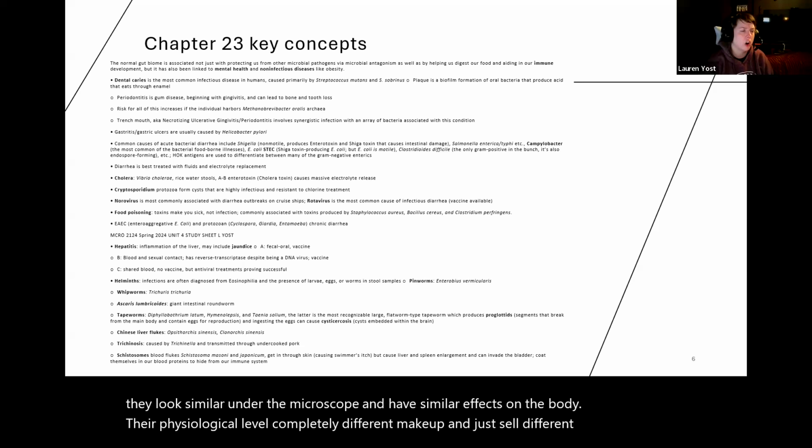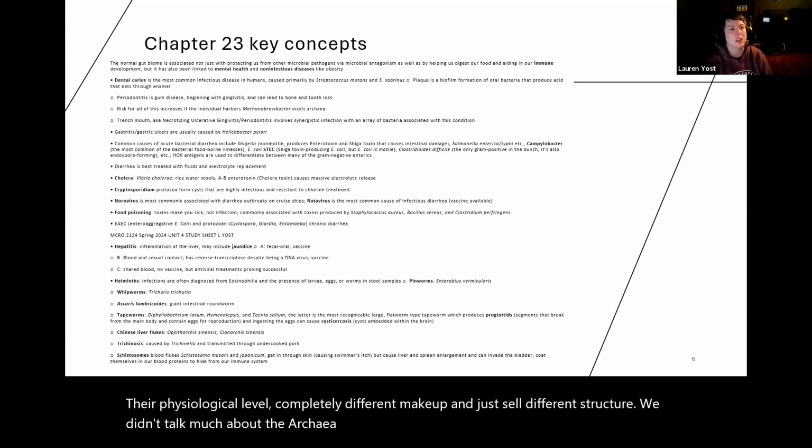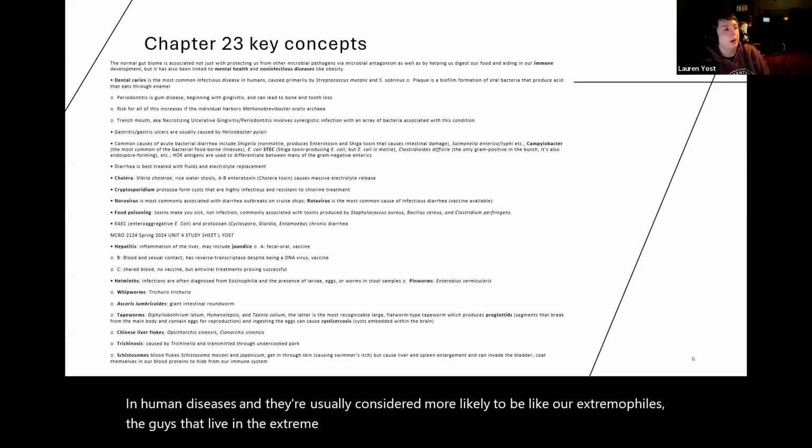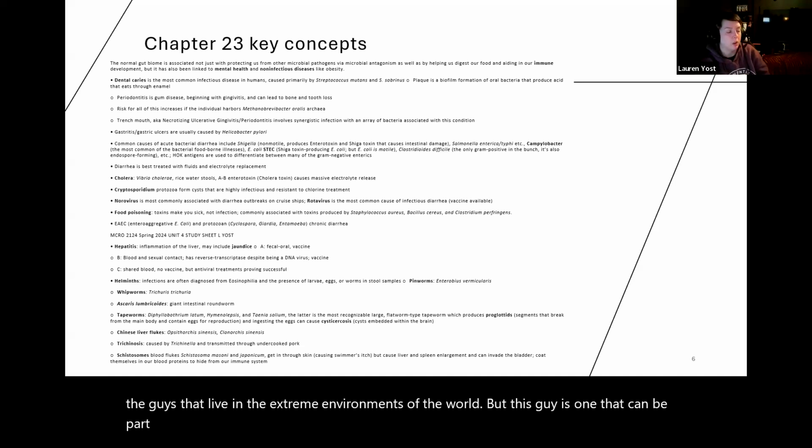We didn't talk much about the archaea because they're not usually implicated in human diseases, and they're usually considered more likely to be extremophiles, the guys that live in the extreme environments of the world. But this guy is one that can be part of your microbiome in the oral cavity.